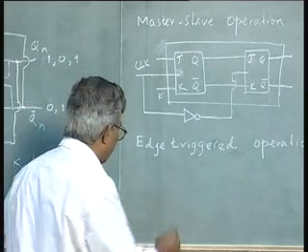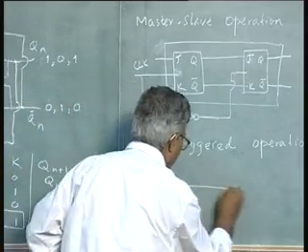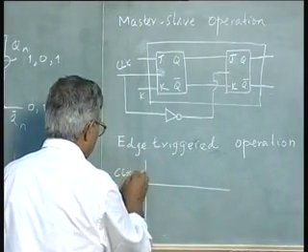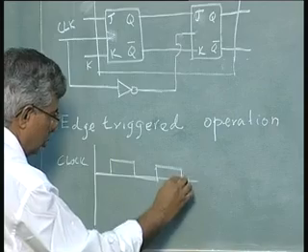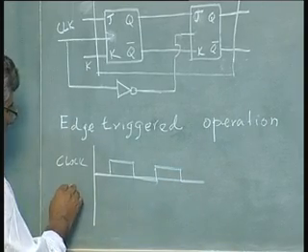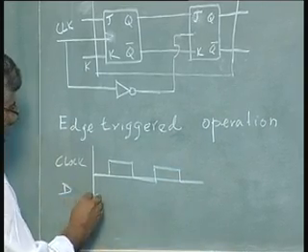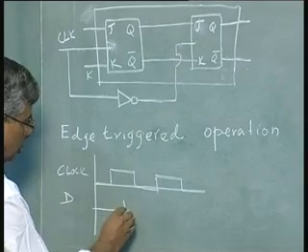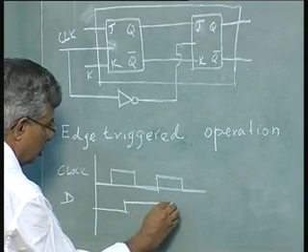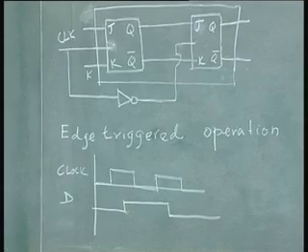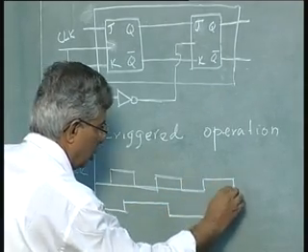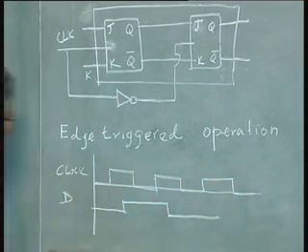That means what I am trying to say is, if this is my clock, and this is my D input, let us say, it's a simple D flip flop I am talking about.